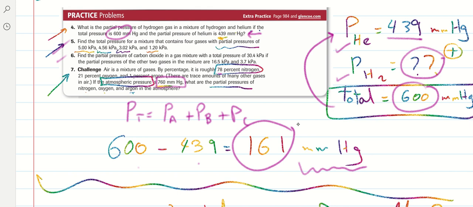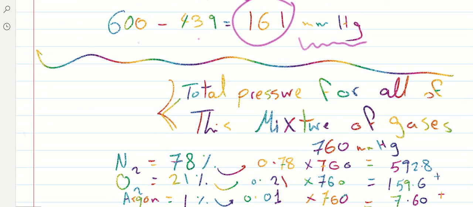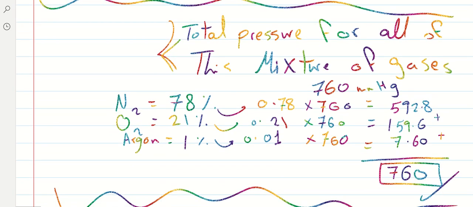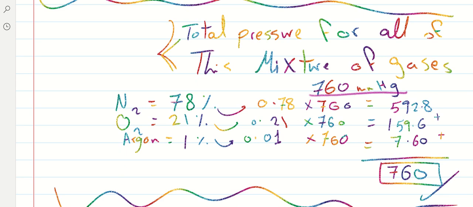They want the partial pressure for each one. This is very easy. It is a simple percentage. The total pressure for all of this mixture is 760 millimeter mercury.